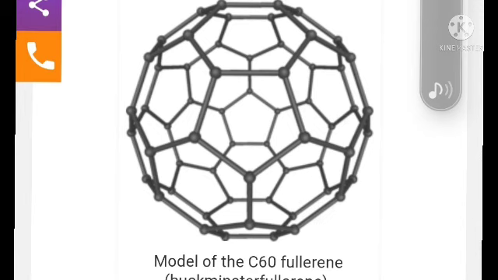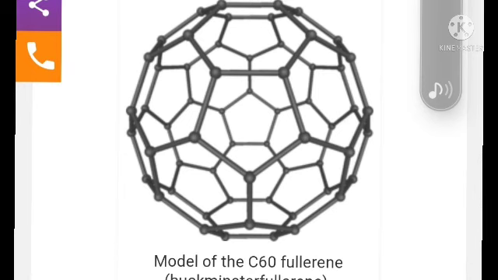In 1985, it was discovered. This allotrope looks like a football stadium developed by an American engineer, Buckminster Fuller. Because of his name, this newly discovered allotrope of carbon is called fullerene. It is like a football stadium, and in this 60 carbon atoms are linked together to form a stable structure.